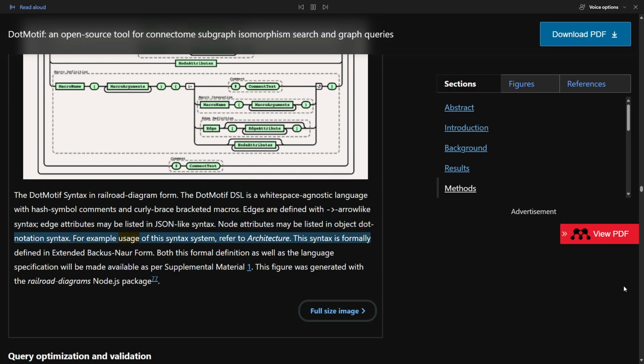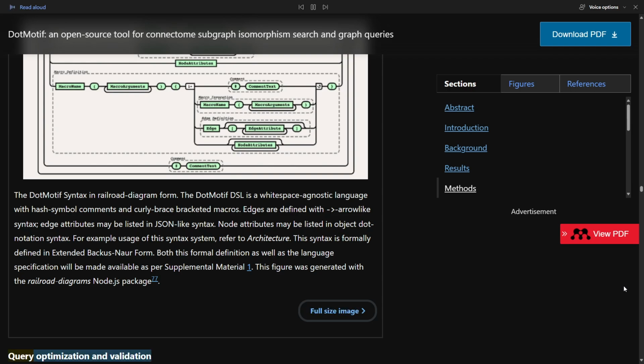For example usage of this syntax system, refer to Architecture. This syntax is formally defined in extended Backus-Naur form. Both this formal definition as well as the language specification will be made available as per Supplemental Material 1. This figure was generated with the Railroad Diagrams Node.js package.